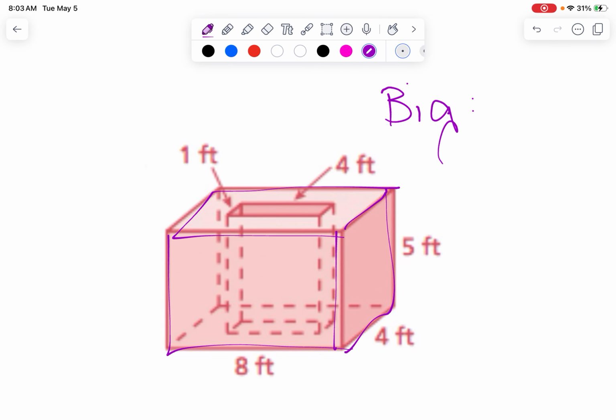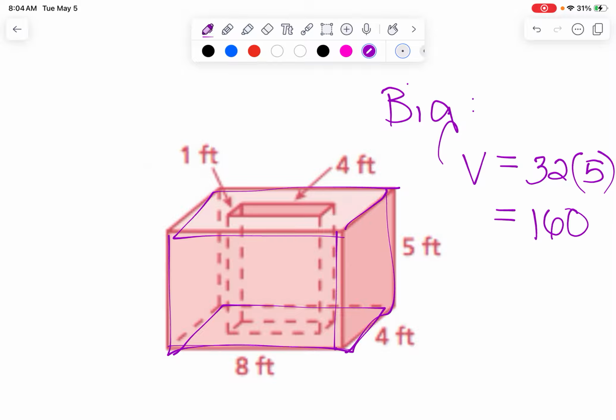The volume of that is going to be the area of the base, which would be 8 times 4, right? The base is this, so that's 32 times the height, 5. So 32 times 5 is 160.